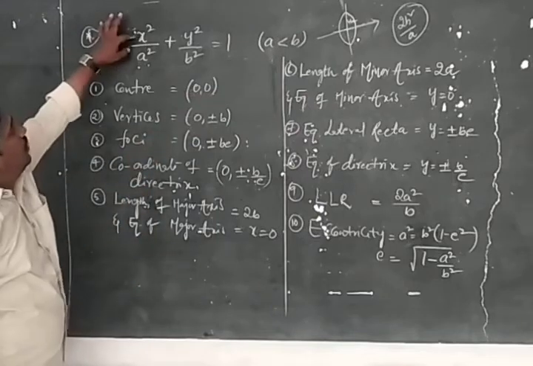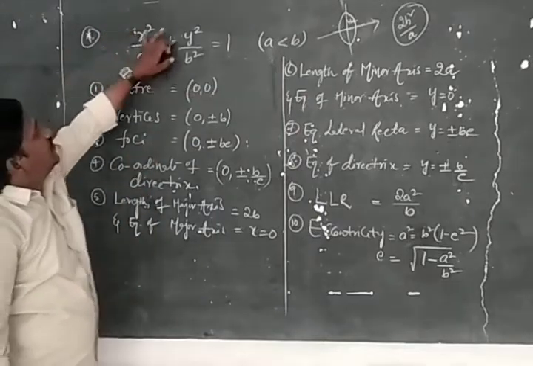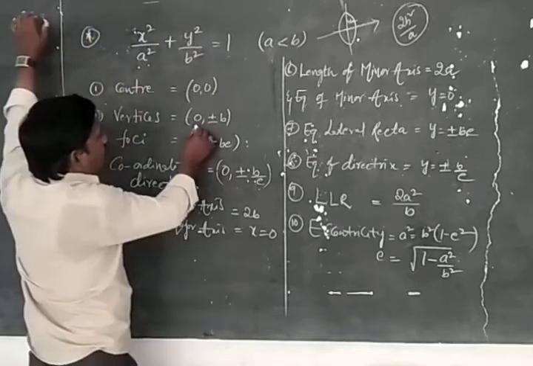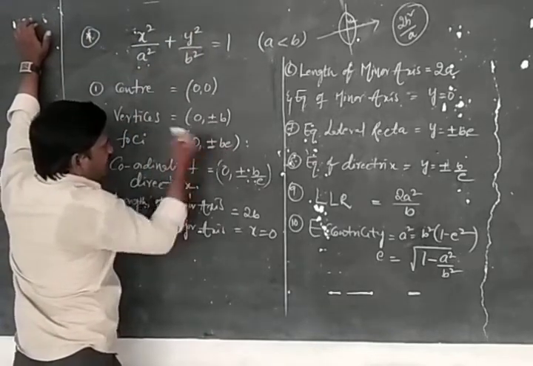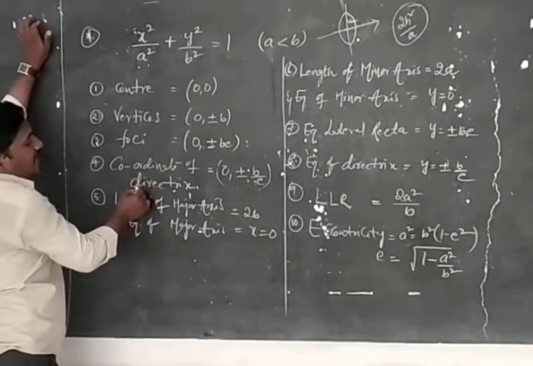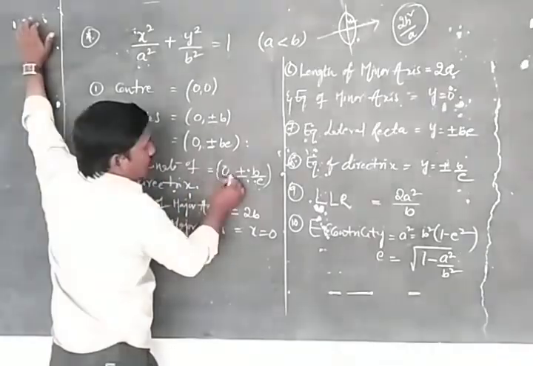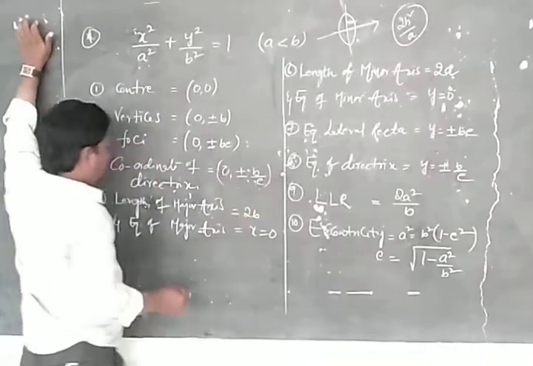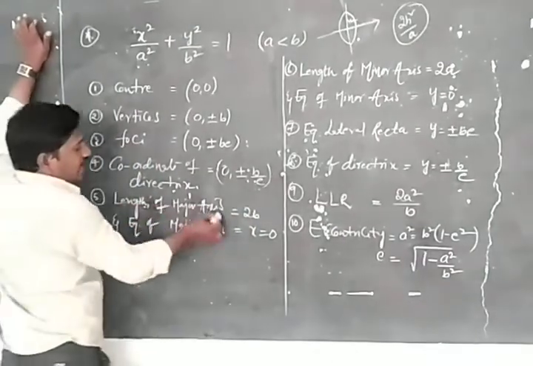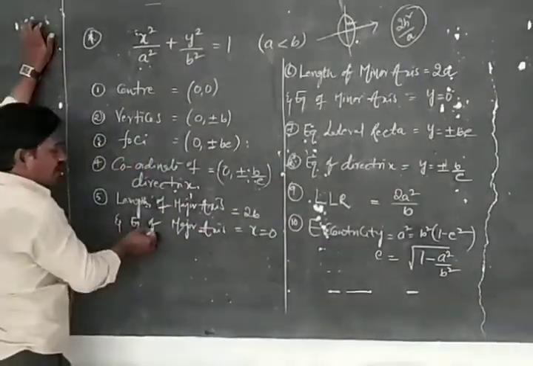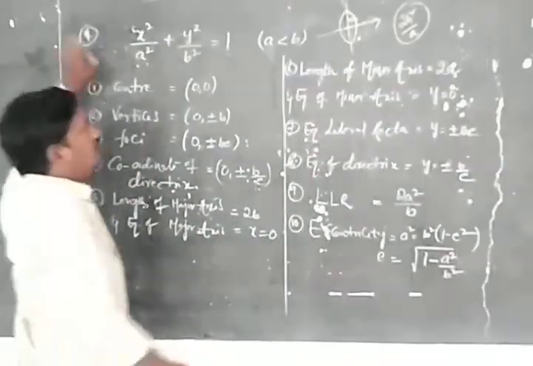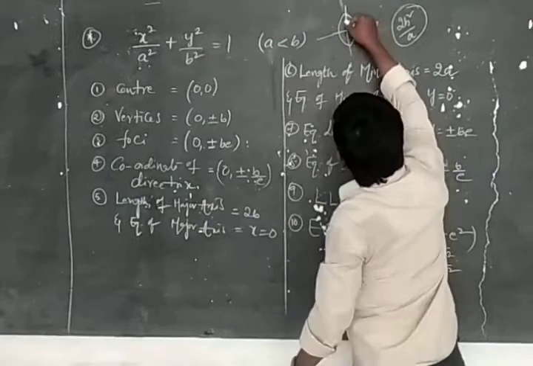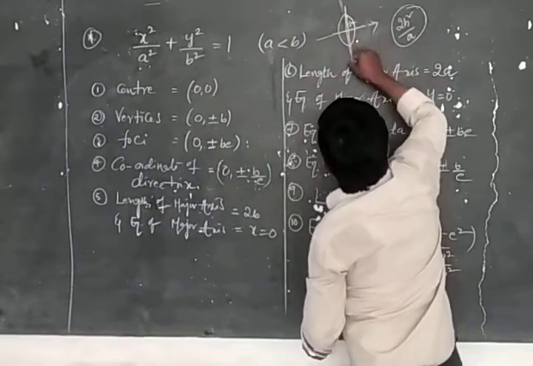Vertices 0, plus or minus b. Foci 0, plus or minus b. Coordinates of directrix 0, plus or minus b by e. And length of major axis 2b. And the equation of major axis x equal to 0. Why? Because this is the y axis.